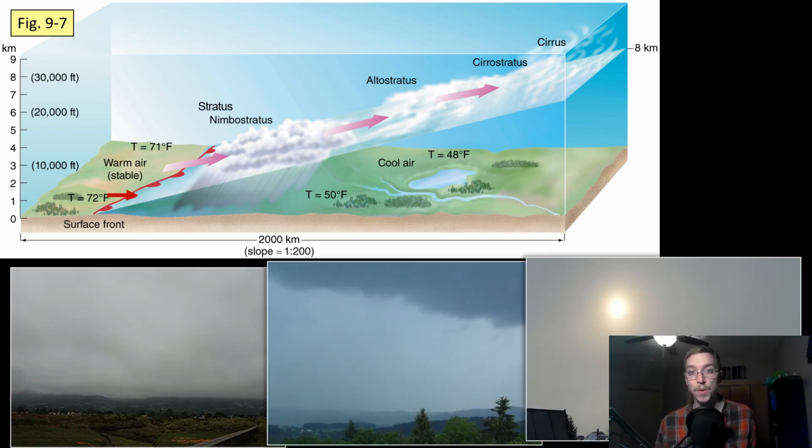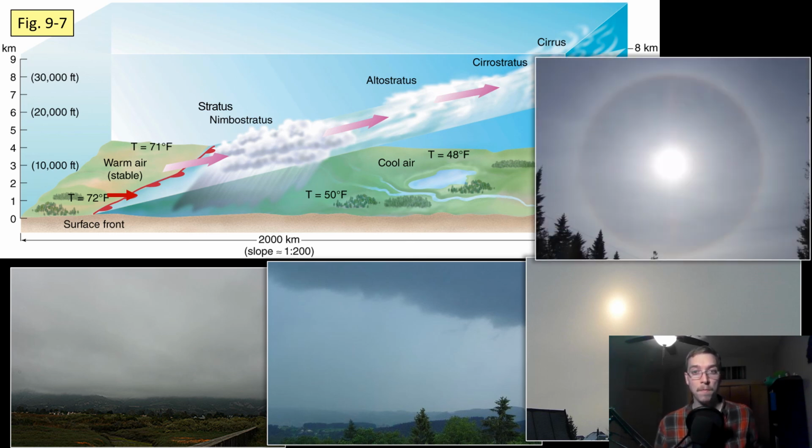You can see in these photos here, I'm moving from our nimbostratus on the left to maybe our altostratus to our cirrostratus on the right, kind of where my picture is. You see that haloing effect around the sun above my video. There you go.